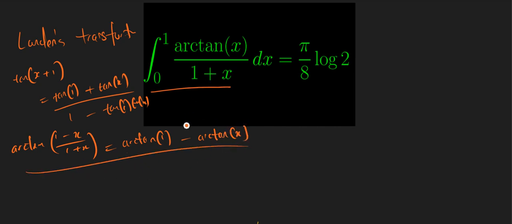If we try to connect the dots here, we can take t to be everything within this, so you will have arctan of 1 minus arctan of x, and we will have an expression for arctan t. So we're going to take x to be (1 minus t) over (1 plus t), and make this substitution.